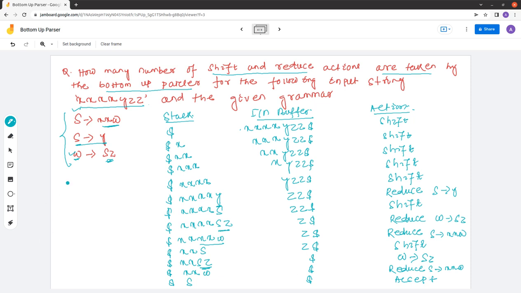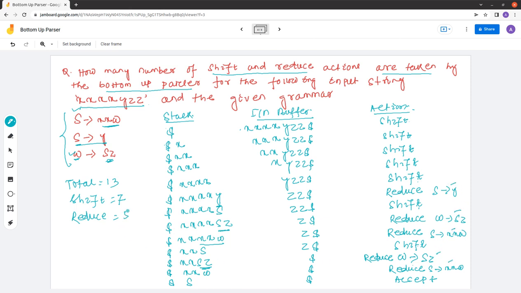So how many total actions here? 1, 2, 3, 4, 5, 6, 7, 8, 9, 10, 11, 12, 13. How many shift actions? See, 1, 2, 3, 4, 5, 6, 7. How many reduce actions? 1, 2, 3, 4, 5.